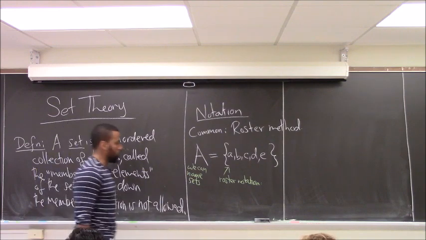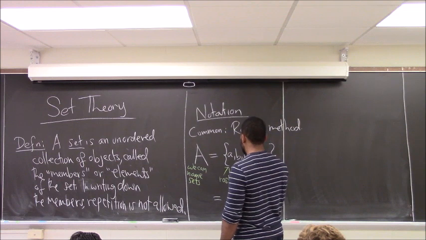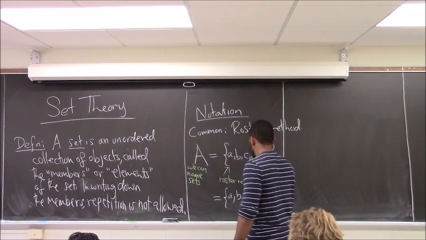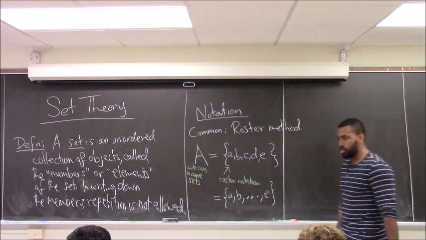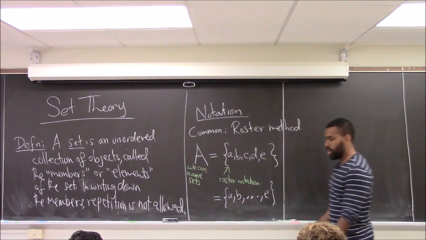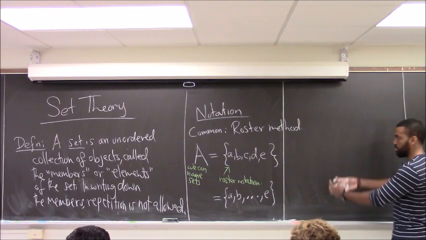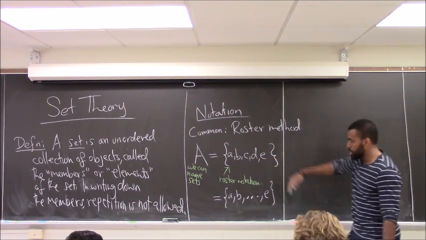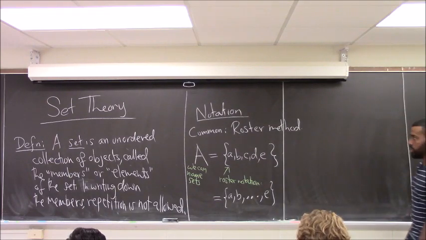Now, there are a couple of ways you can modify this notation. One, you can say something like {A, B, ..., E}. You can use ellipses to represent some pattern that should be picked up easily by the reader, but you don't want to spend the time writing it out. If the set is very long, I might write out a few elements in a certain pattern, then write dot, dot, dot, and describe the set that way.